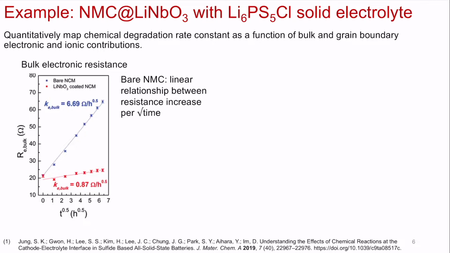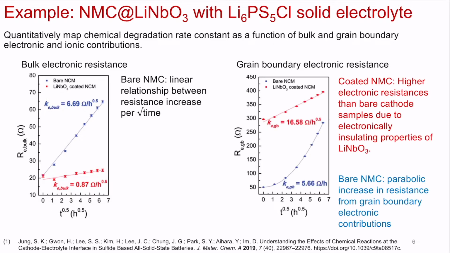But then if you compare that, the bulk, to what's happening at the grain boundary, if you look at the y-axis, you'll see that it's an order of magnitude more, essentially, okay? What you also notice for this rate is that here, the coated sample, the resistance from the electronic is higher, right?